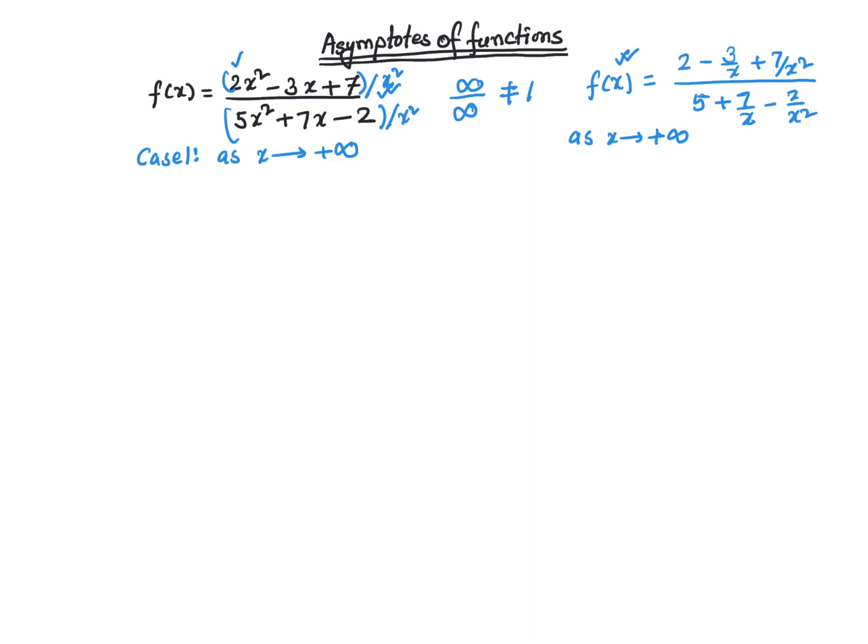This is the same function as this one, by the way. 3 over x goes to 0, 7 over x square goes to 0. Same for the denominator. 7 over x goes to 0 and 2 over x square goes to 0. So everything that has x in the denominator goes to 0. That leaves me with f of x approaching the value 2 over 5. So in essence, as x approaches positive infinity, f of x approaches 2 over 5.